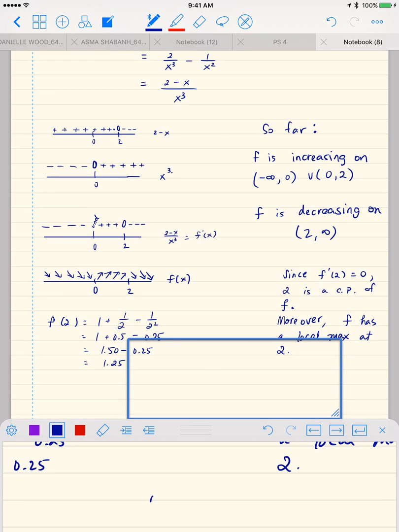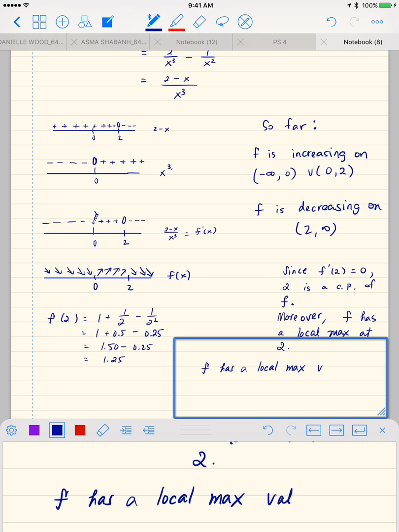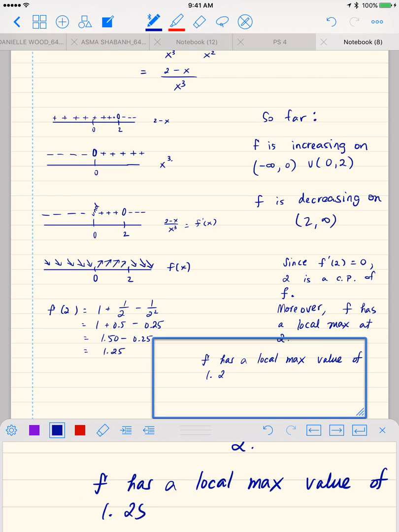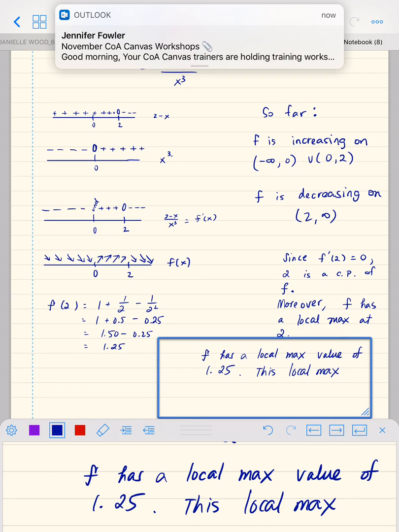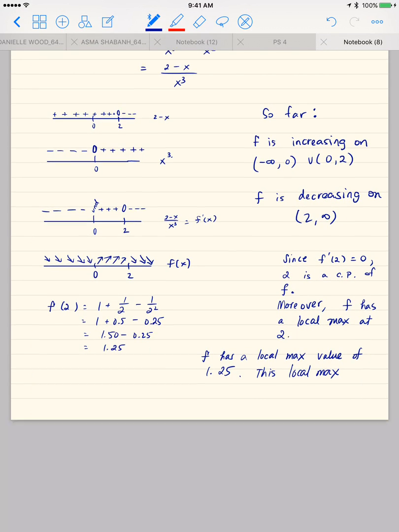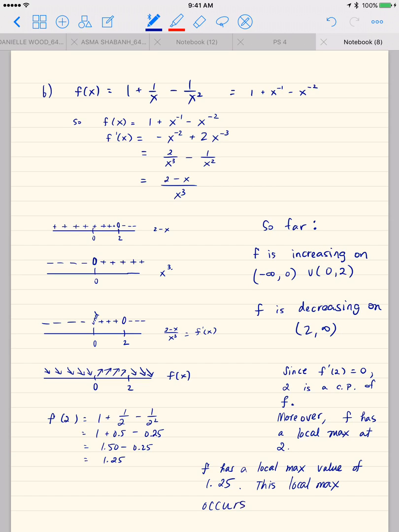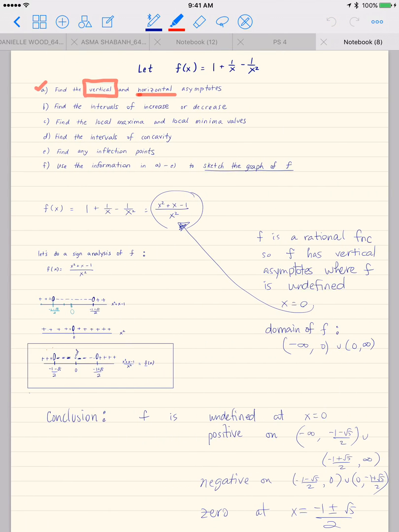So f has a local max value of 1.25. This local max occurs at x equals 2.